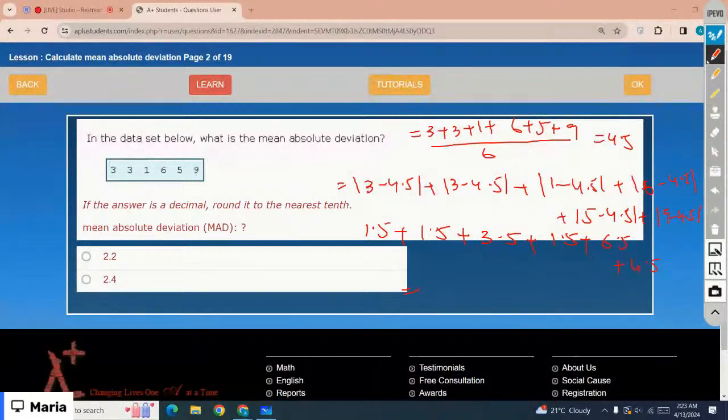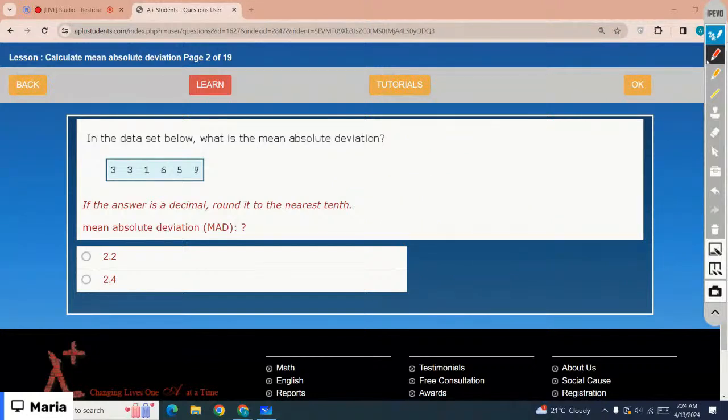The correct option is 2.2. Got it? The correct option is 2.2.